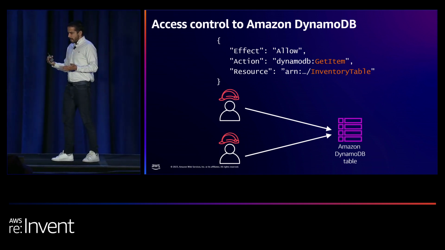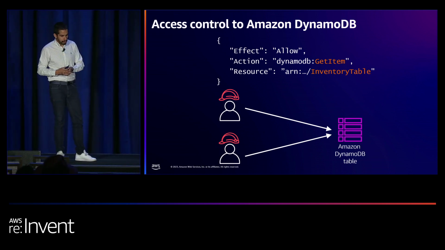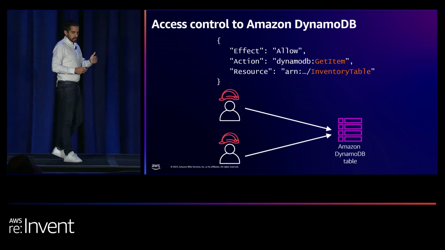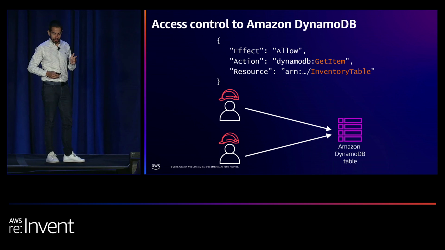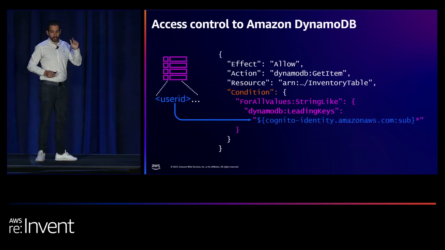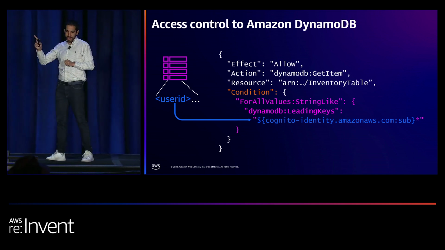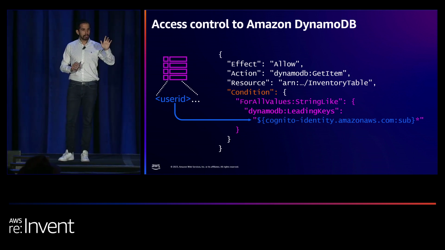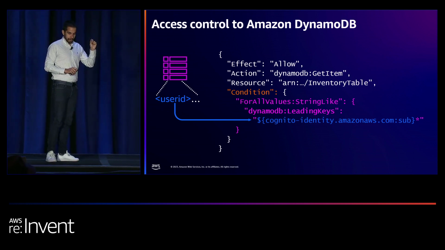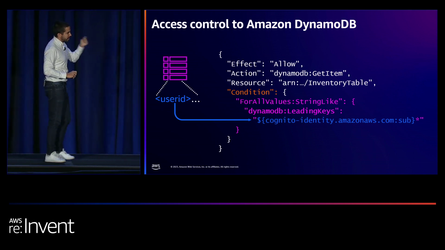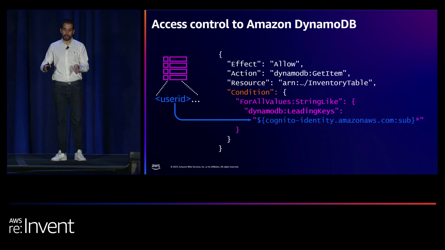But is there a way in IAM policies to further scope down to maybe the user level? And this is where it gets very interesting, because one of my favorite parts of IAM is this conditions section. So this is an example, but this is relying on a native integration between Cognito, Dynamo, and IAM. So the leading keys condition here represents the partition key of that DynamoDB table, that first attribute in the table.